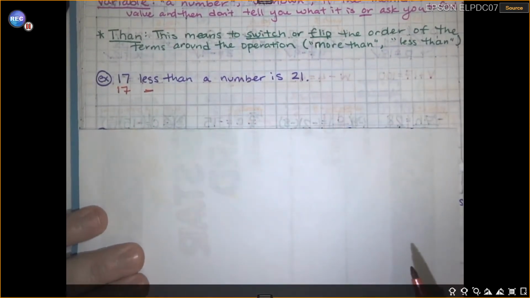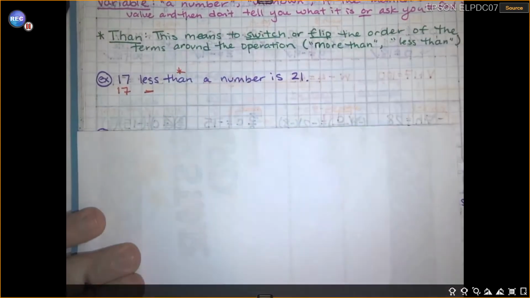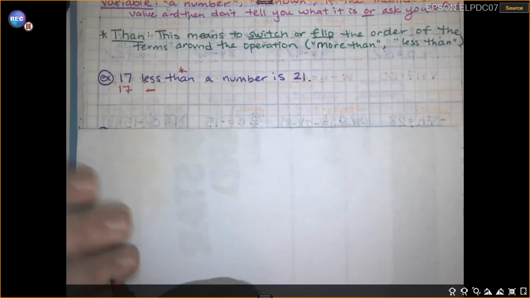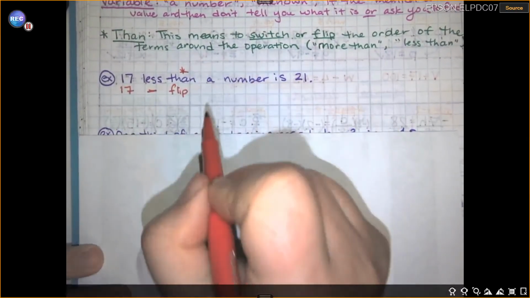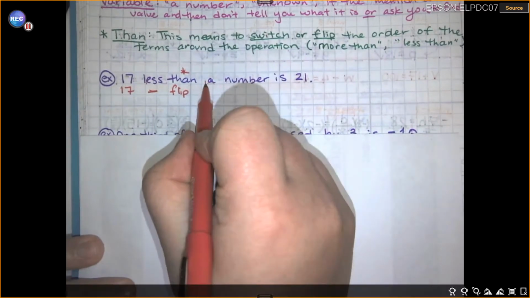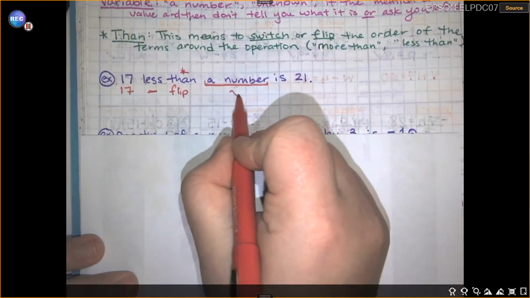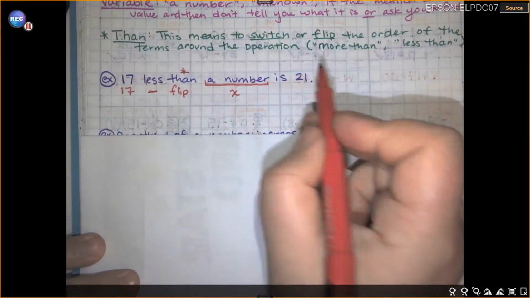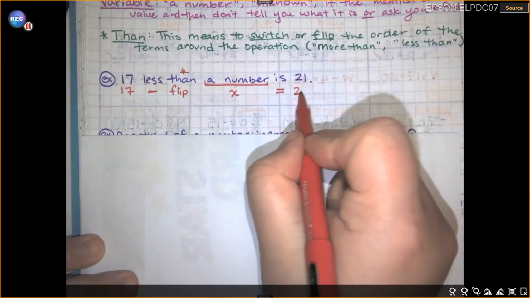That's one of those words from middle school. Here is one of our new words. I put a star next to it because that one has a star, which means essentially flip the order. Then we have a number. That is our variable term. So you can use any variable you want. I'm going to use x, and then is means equals 21.